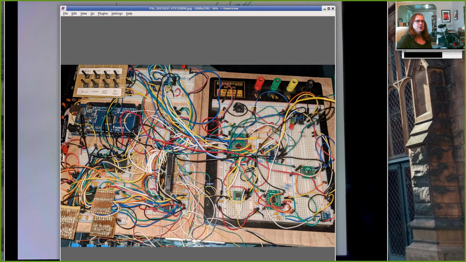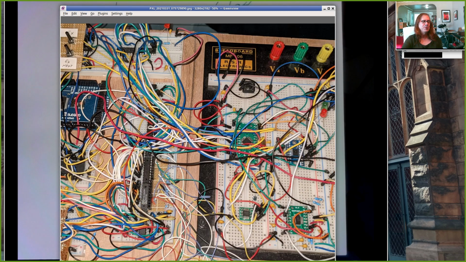So this was a circuit I was working on over winter break, and I actually know what each of these wires does, right? But it's the same idea. You have these boards, and you can put chips in there and run wires from hole to hole and connect these things together. And yeah, go ahead. I was about to ask, is that a Pico? So this is an Arduino chip. It's an ATmega 328.